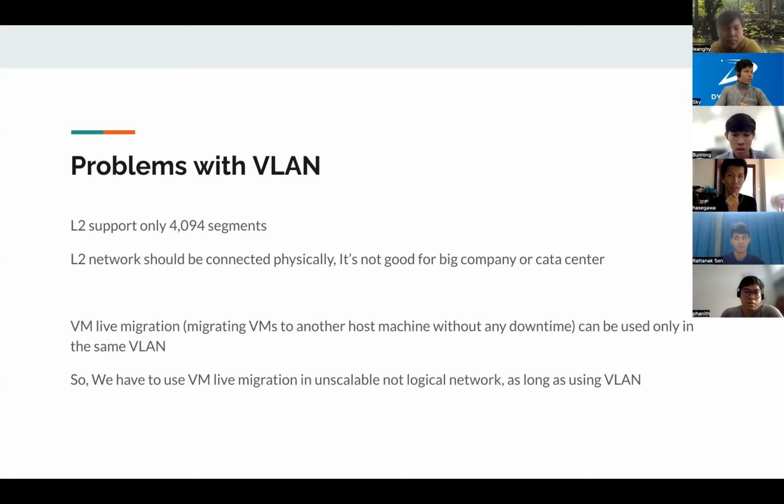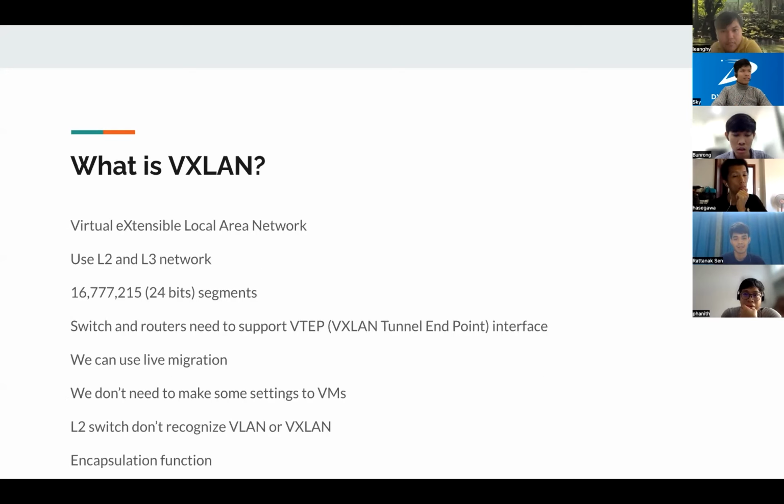Number of connected devices. Maybe number of requests per second. Oh, so segment is the number of requests per second. So it means how many requests per second it could support in the port or switch?